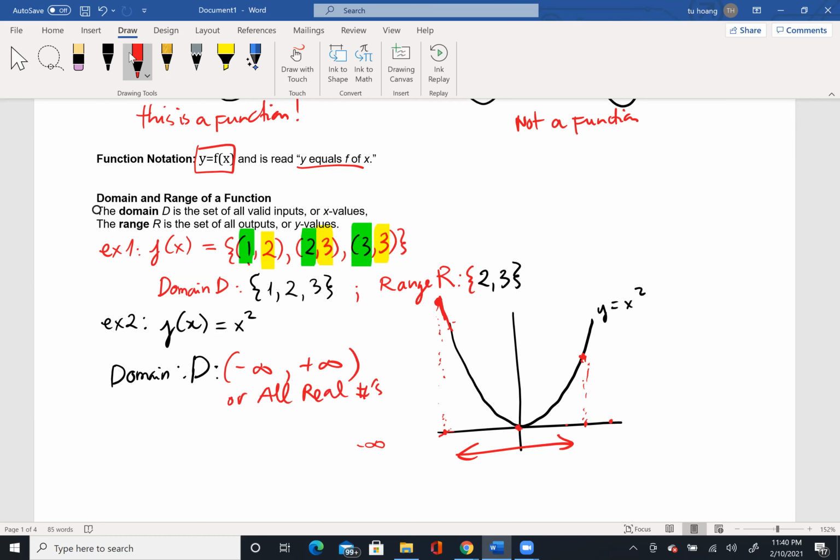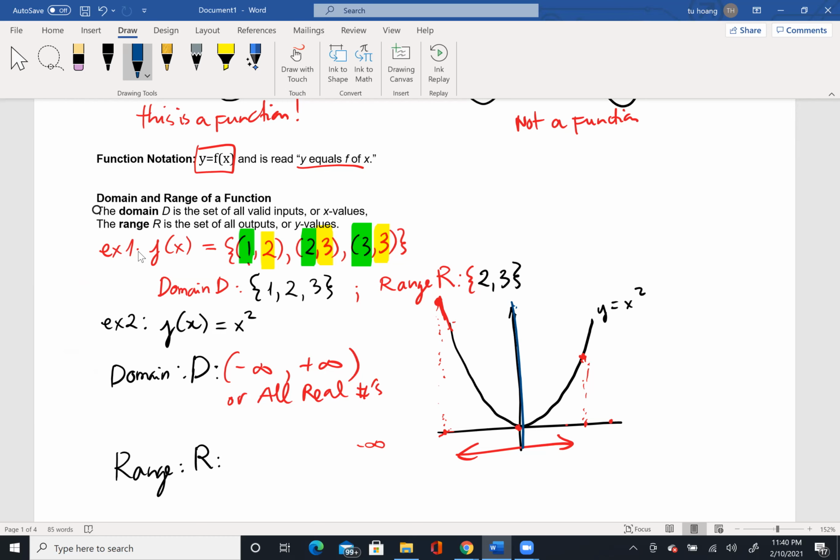What about the range? The range is the set of all outputs, or the y values. If you talk about the y value, then you want to take a look at the y-axis over here. Let me use another color, say the blue one. This one.